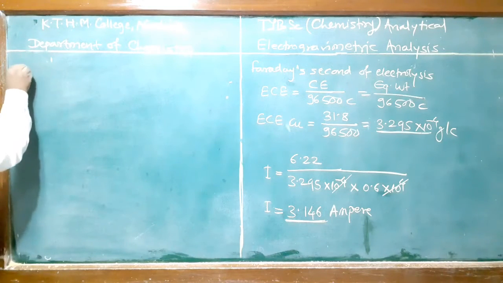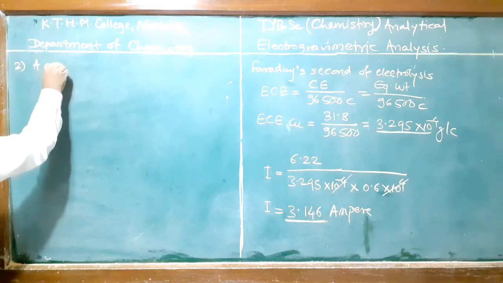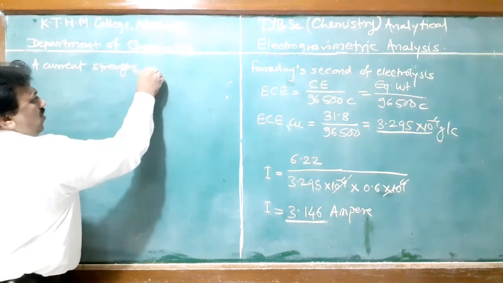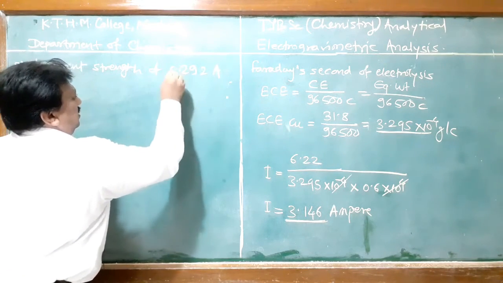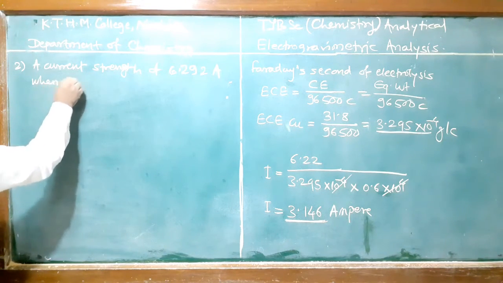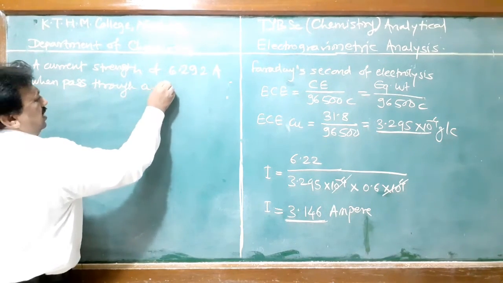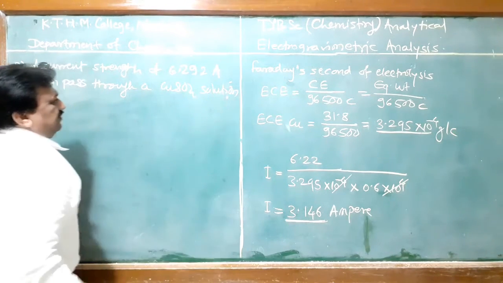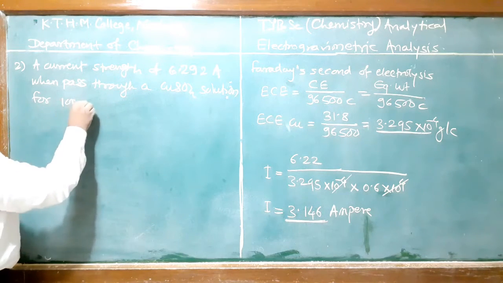Problem 2: a current strength of 6.292 ampere is passed through a copper sulfate solution for 100 minutes.